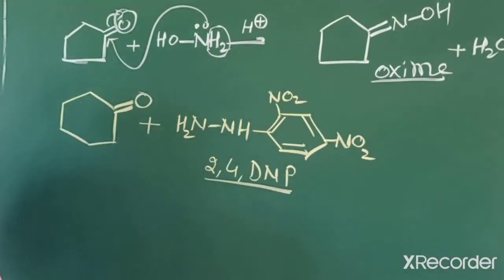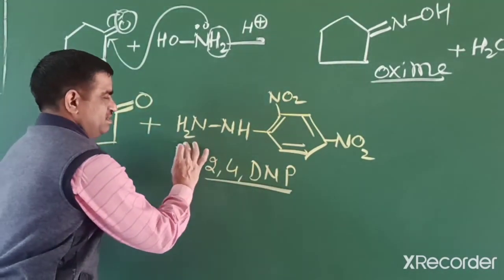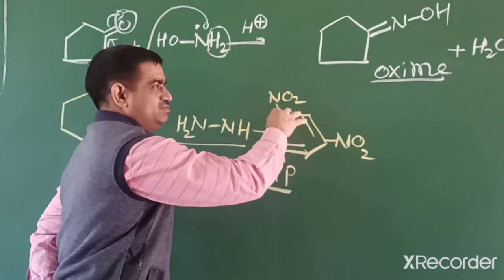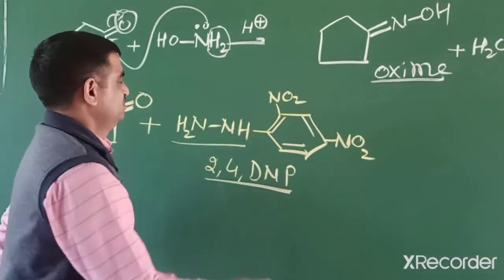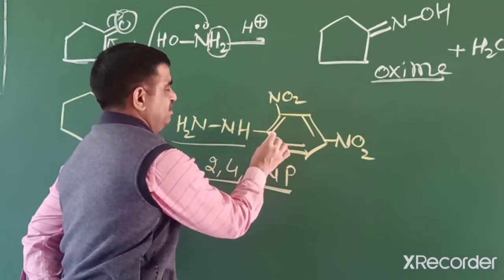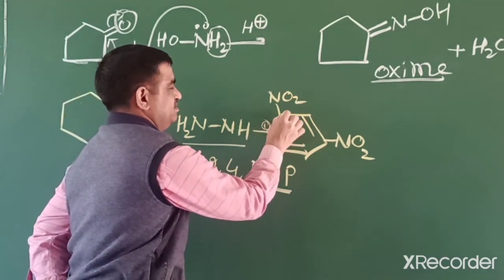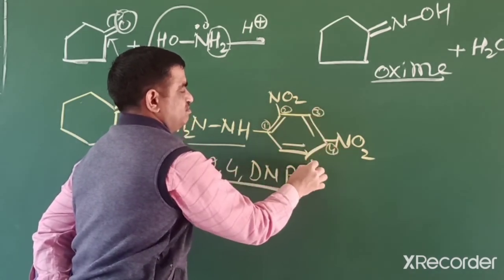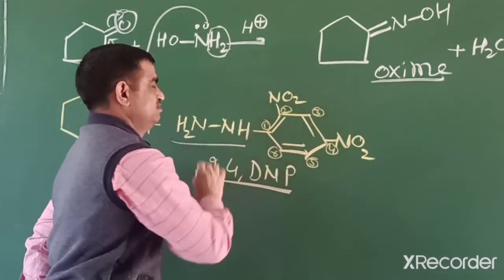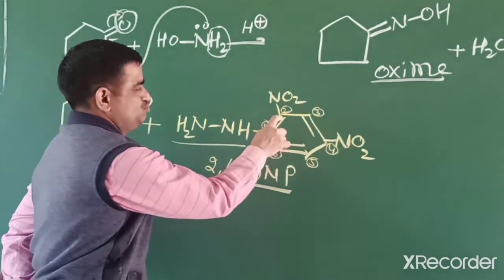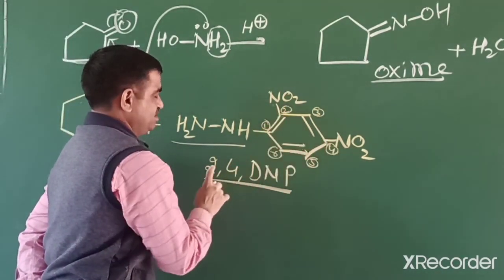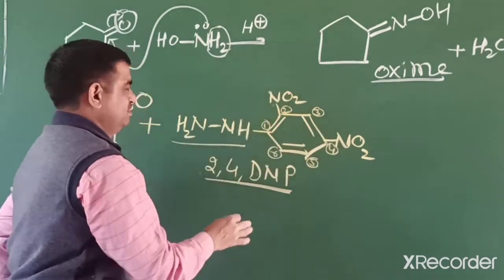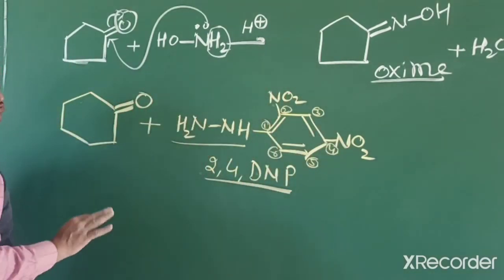It means this compound is a hydrazine, so we write that as a suffix. This one is a phenyl, so numbering starts from this side, 1, 2, 3, 4, 5, 6, meaning benzene. So it's 2,4-dinitrophenyl, this group, and this one is hydrazine.